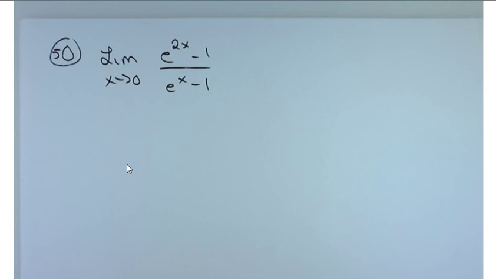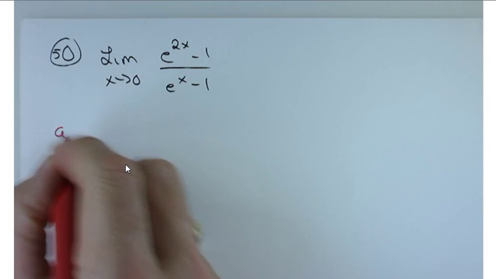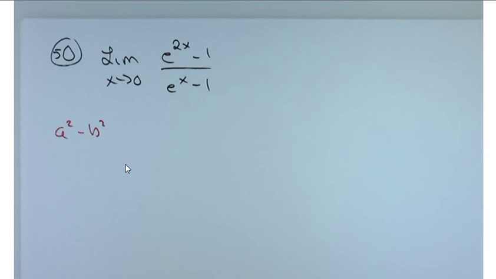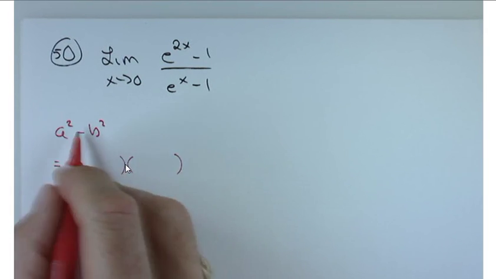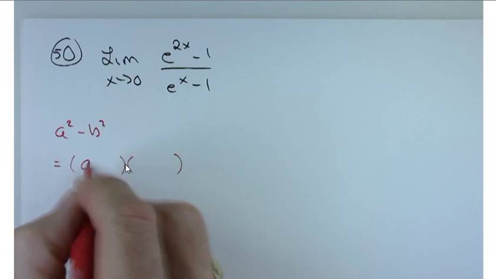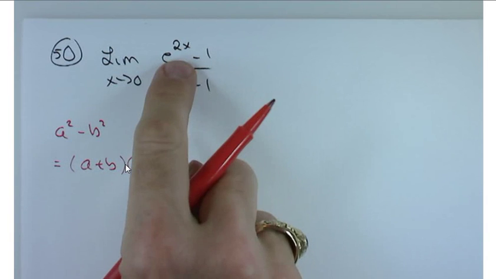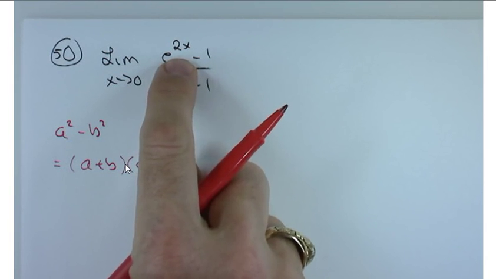Well, it's not necessarily easy to see, but this fits the pattern of a squared minus b squared. How does a squared minus b squared factor? Thank you. A plus b times a minus b. The trick is being able to look at that and realize that that's really something squared.